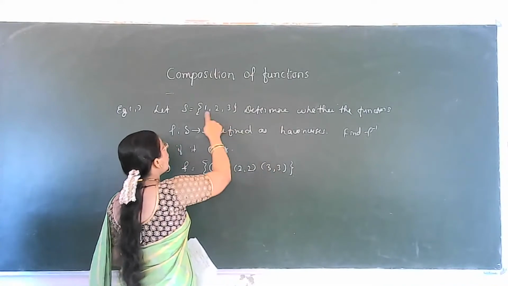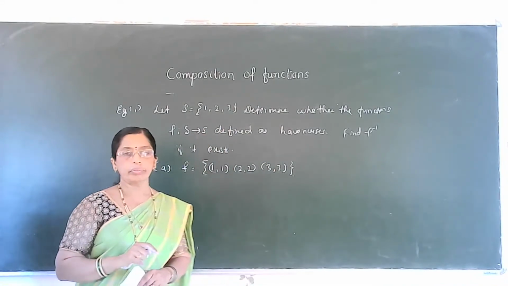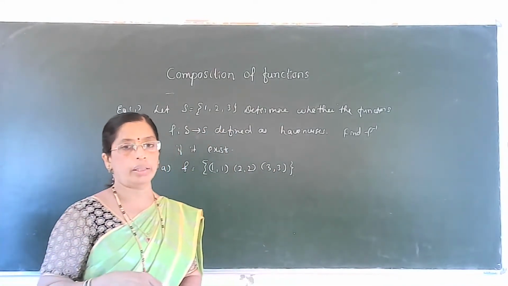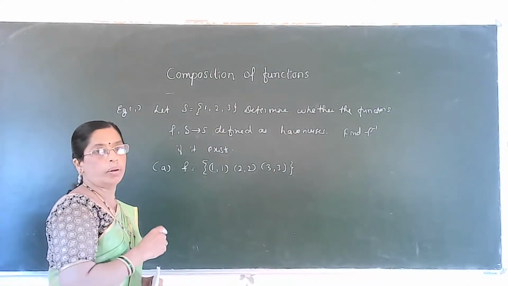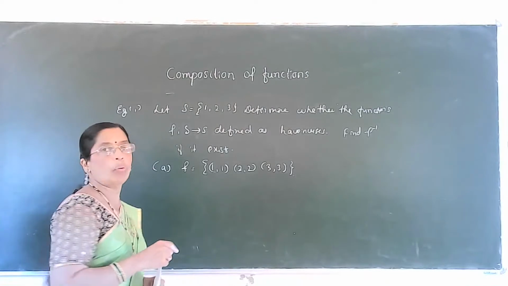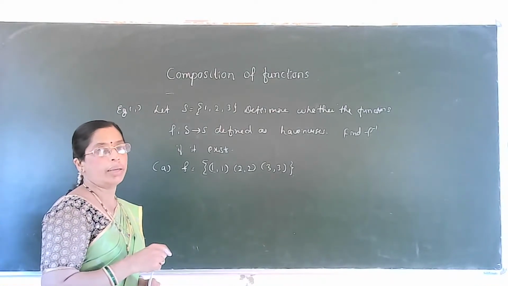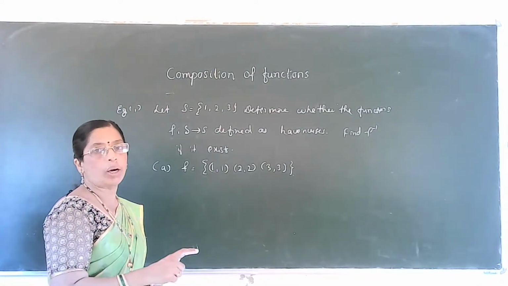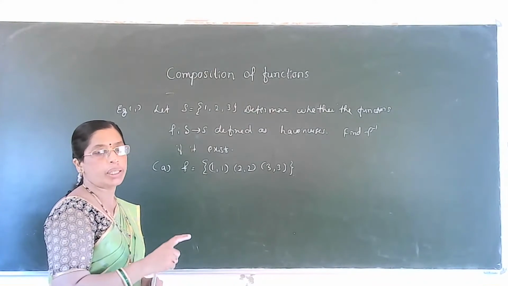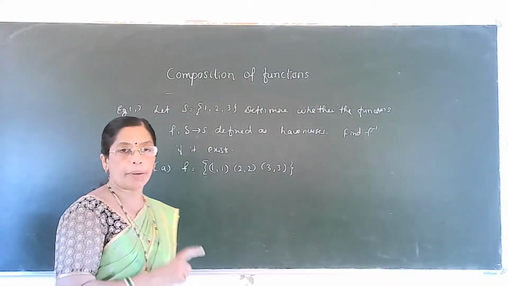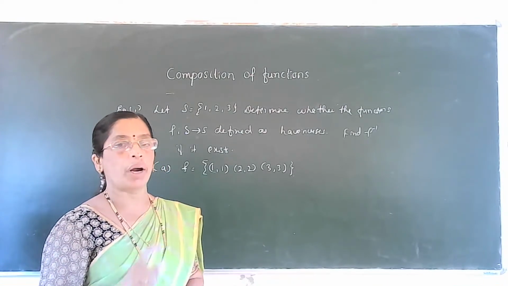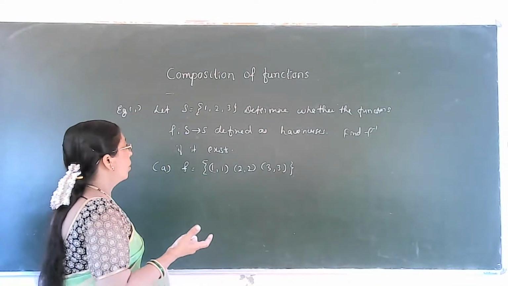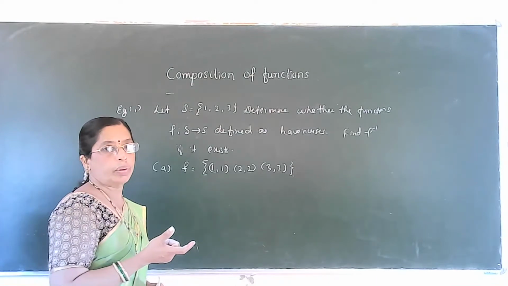And 1, 2, 3 of S are all images in the domain 1 to 3. All are images. Therefore, range is equal to codomain. Therefore, the function is one-one and onto. If the function is one-one and onto, then it is an invertible function.